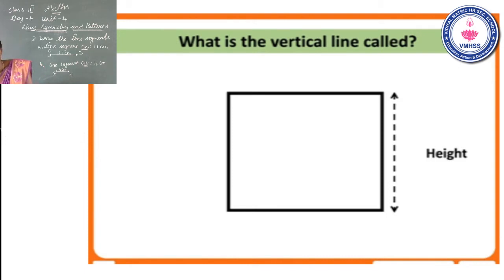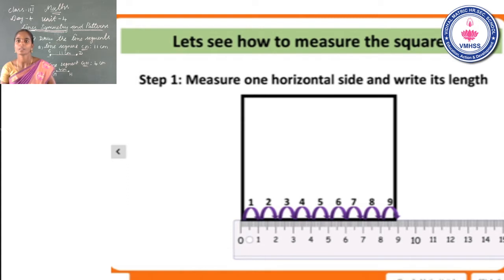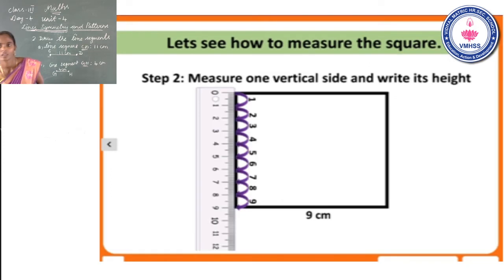Students listen. Look at the next slide. Now we measure one horizontal side and write its length. So first we measure the horizontal line. So the length is 9 centimeter. Next we measure the vertical side length.